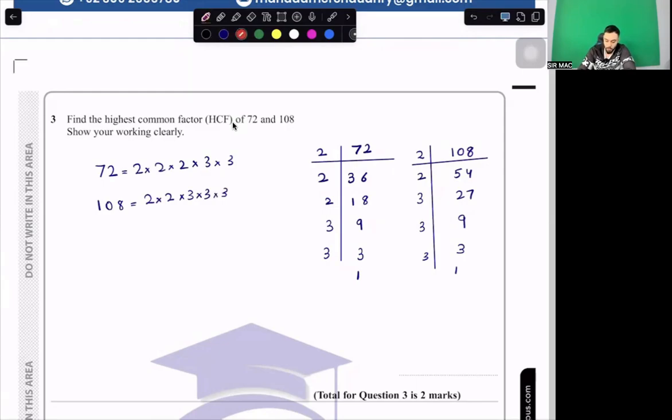If you have to find the common factors, so 2, another 2, a 3, another 3: 2 times 2 times 3 times 3. That's pretty much it. So you can multiply that and get a value.